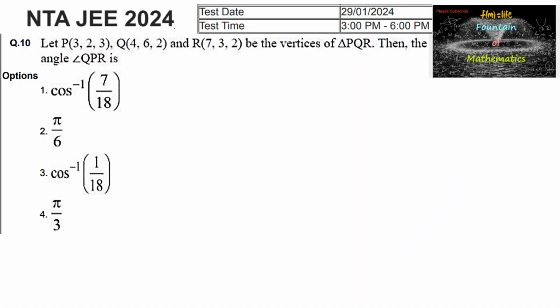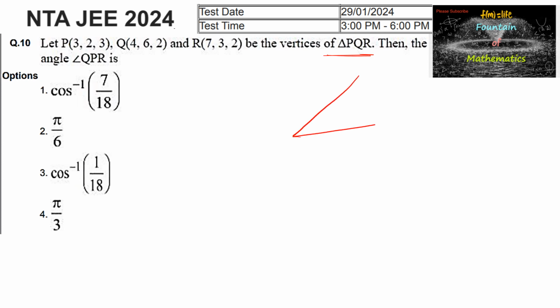Let point P (3, 2, 3), point Q (4, 6, 2), and point R (7, 3, 2) be the vertices of triangle PQR. Then the angle QPR is.